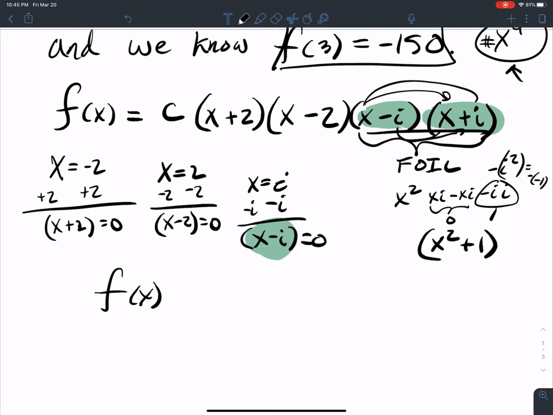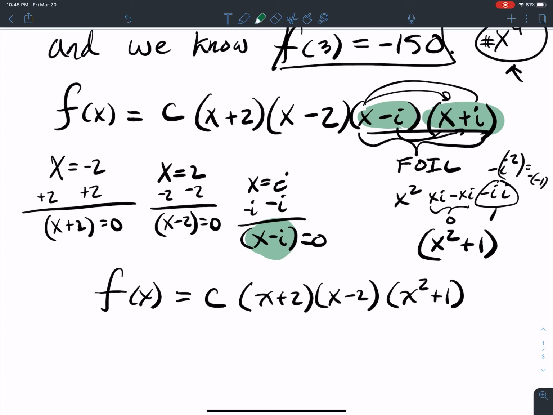So let's summarize. f of x equals c times (x plus 2) times (x minus 2) times (x squared plus 1). That's really nice because what you'll see is when I multiply conjugates together, I actually end up getting rid of the complex component.